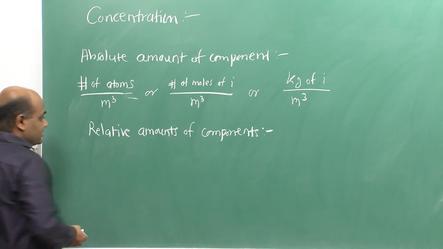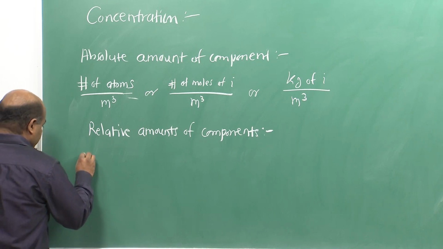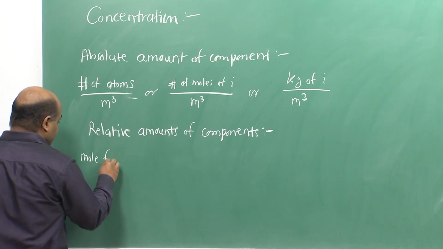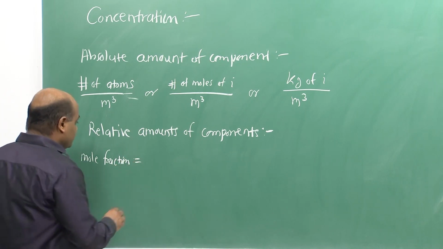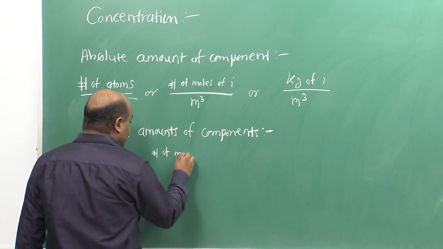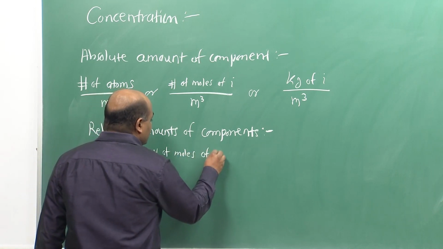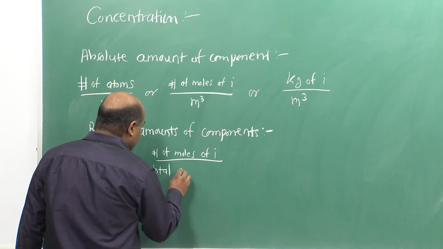Relative amount of components can be mole fraction, which is nothing but number of moles of i divided by the total number of moles of alloy.